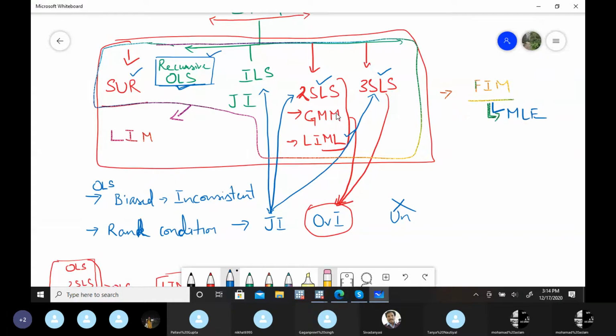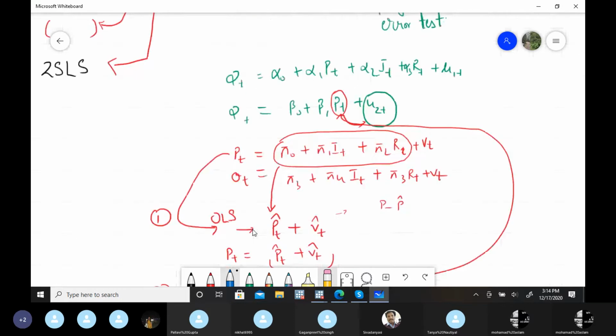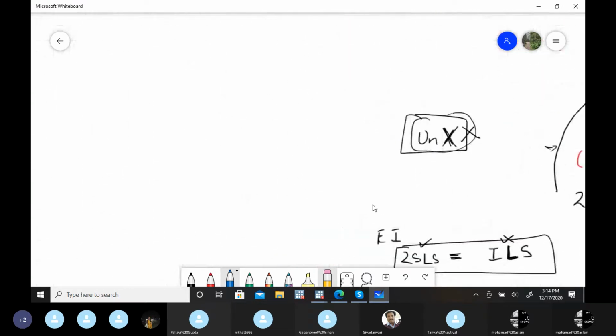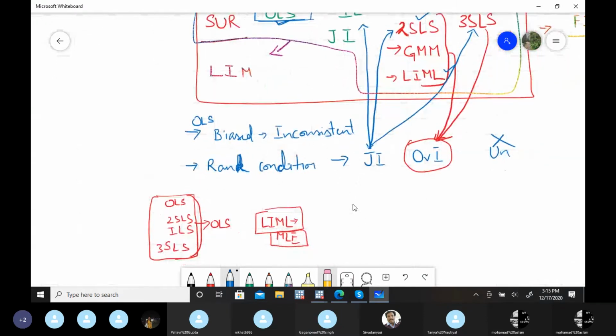The thing that you need to worry about after the ILS method, if I put them in some particular order, specifically for 2SLS, is the R square, that is, how you interpret this R square after 2SLS, and the individual significance of the coefficients.